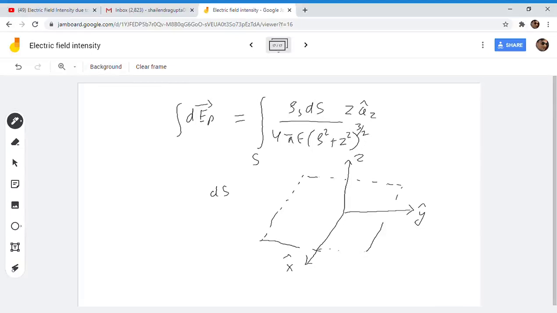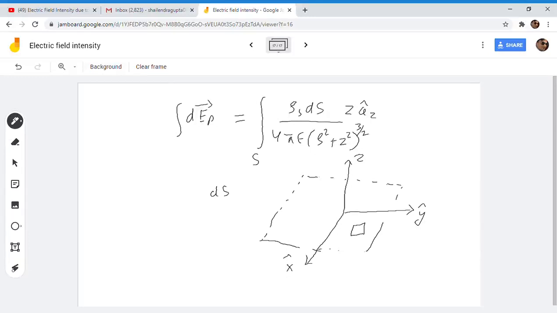We are taking a small ds here. Now see, this ds is made of two parts, as we are talking in cylindrical coordinate system.